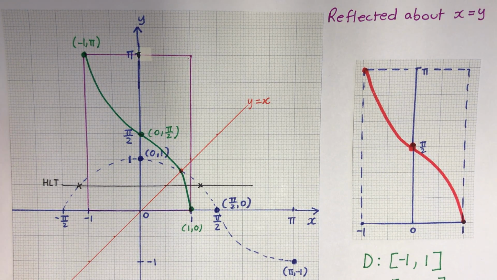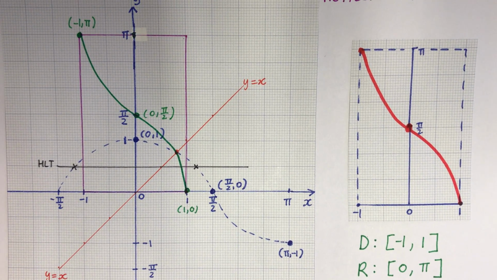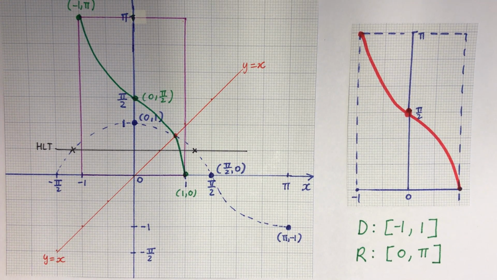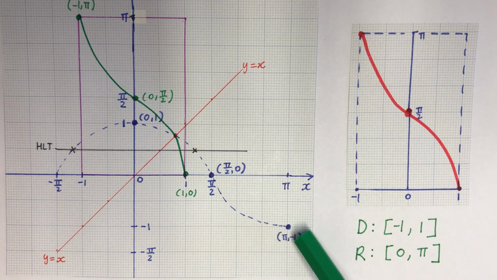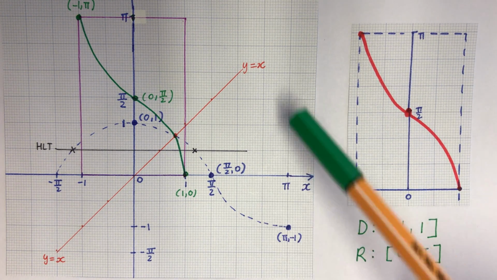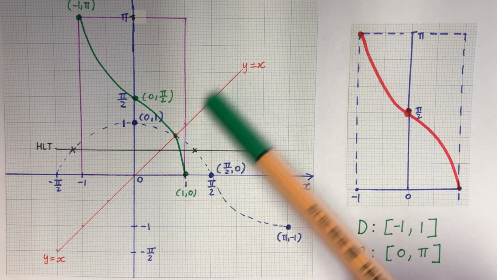Also, it's reflected about the y equals x line. The dotted line is y equals cos x, and that's my reflected line there.